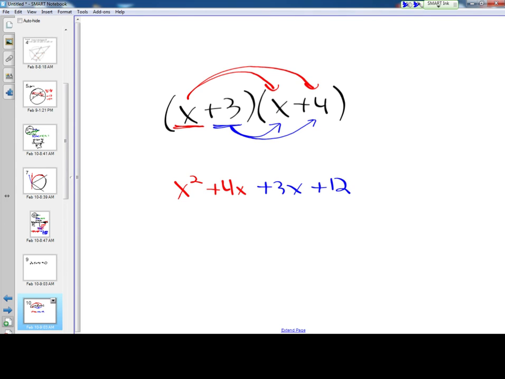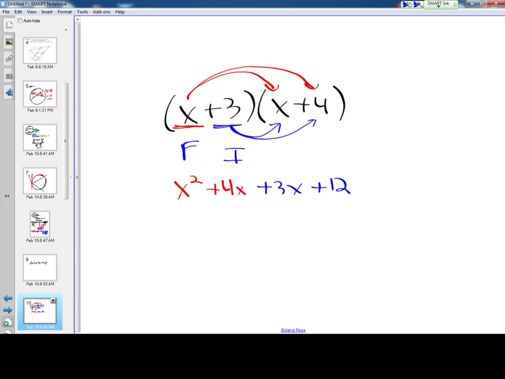Now, what they're talking about, which is kind of annoying, but it's still useful at the same time, they say, oh, it's just FOIL. Well, what did we just do? We just used the distributive property, didn't we? Guess what we just did also? We just FOILed. We took the first one times the first one. Then we took the inside ones and multiplied them, didn't we?